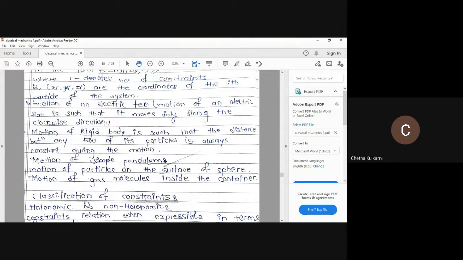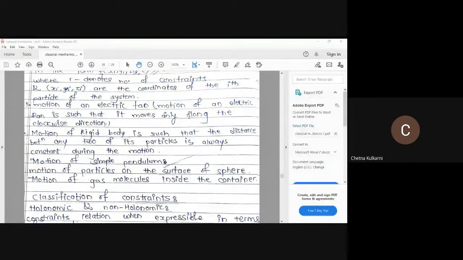Motion of a rigid body is such that the distance between any two particles is always constant during the motion. Suppose you have one bench. I hope you have done this many times.